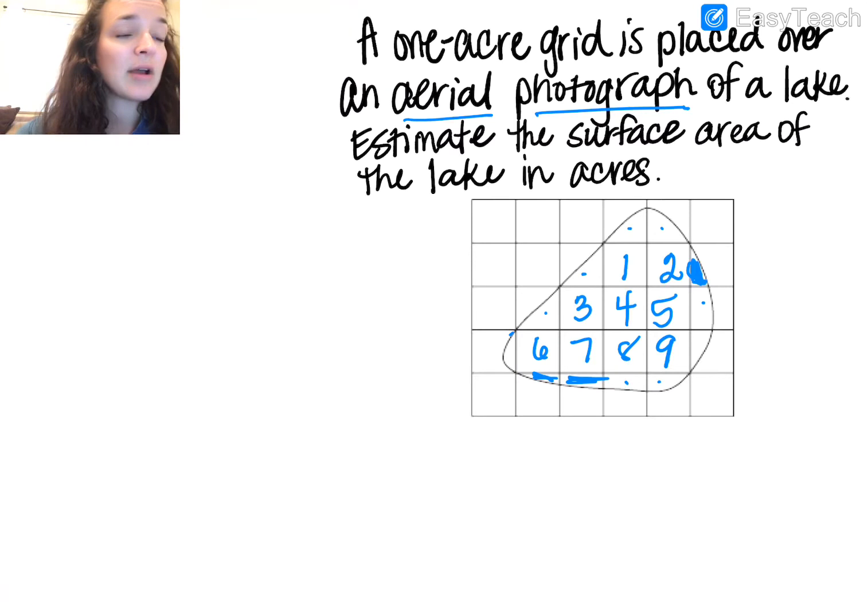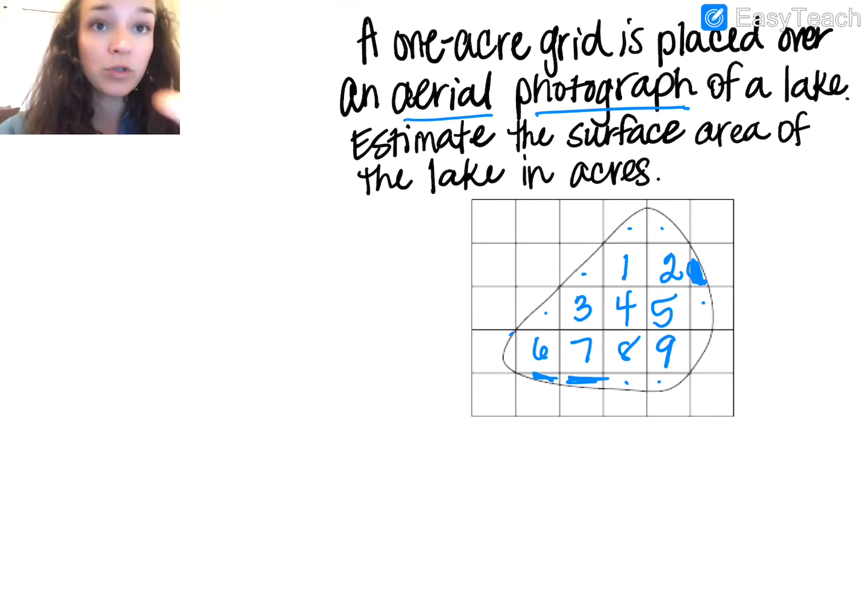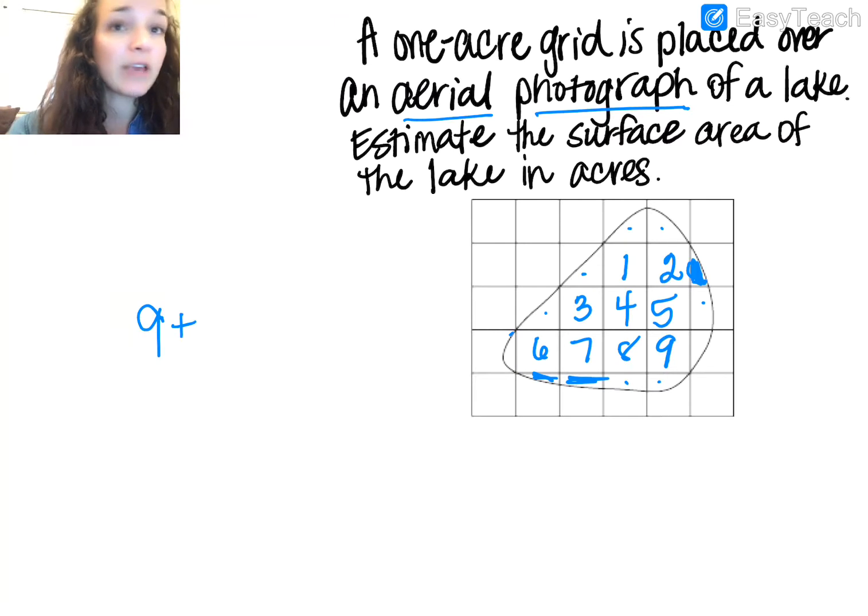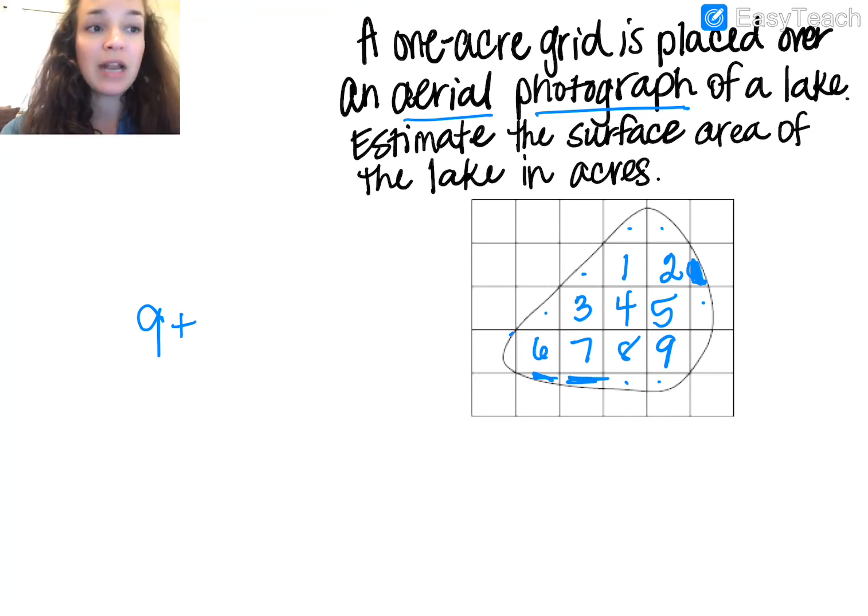So let's count up from there. So we had 9 wholes, okay? 9 wholes, plus, if we count our dots, 1, 2, 3, 4, 5, 6, 7 dots, okay? So each of those represents a half. So if I've got 7 halves, think about 6 halves would be 3. So 1 more half would be 3.5.